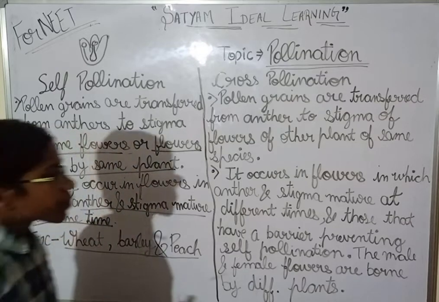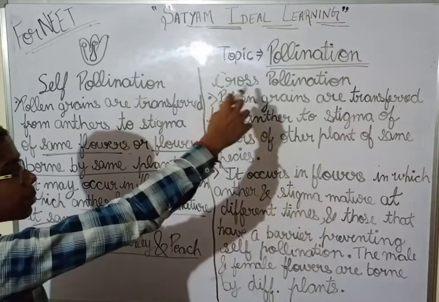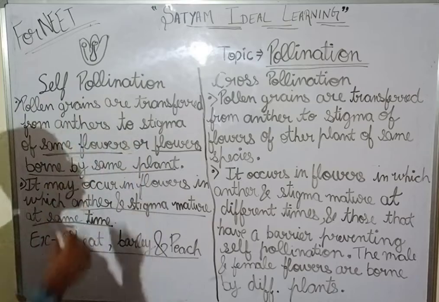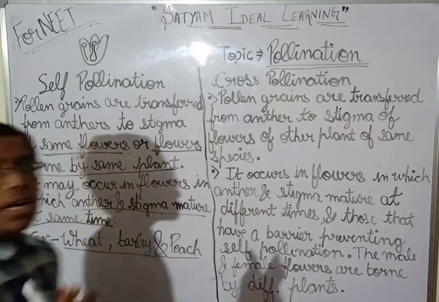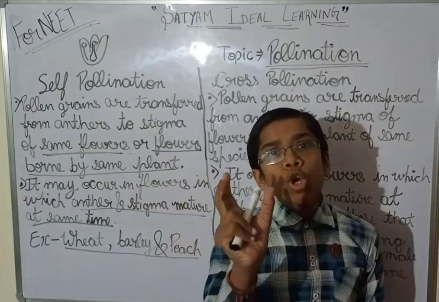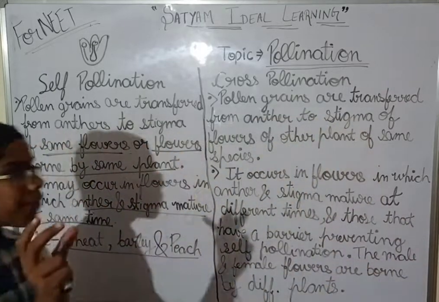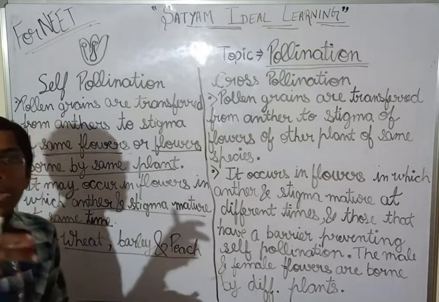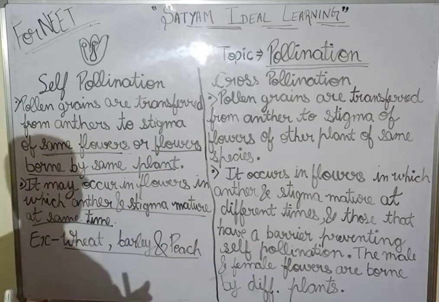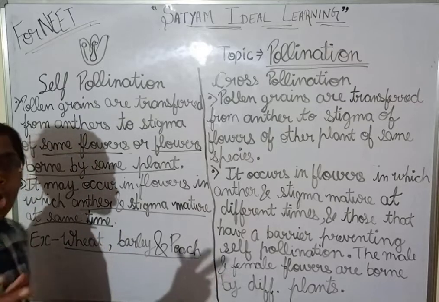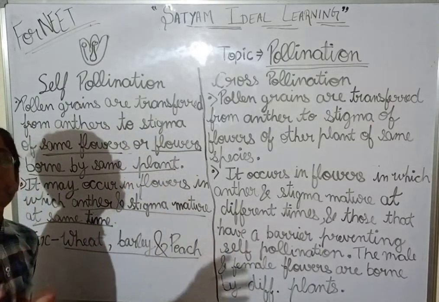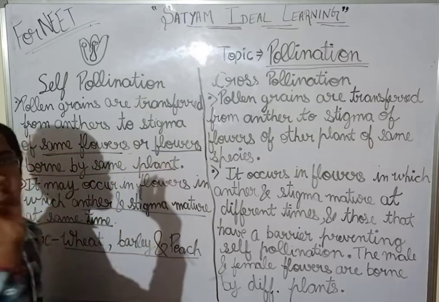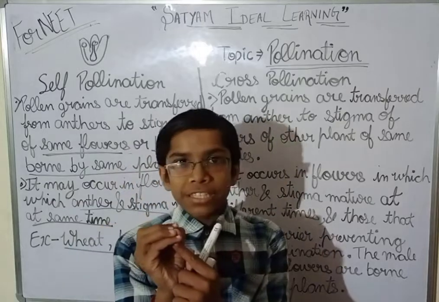Now we will come to cross-pollination. I have to tell one thing: self-pollination can occur even when a flower is closed. If it is a bisexual flower and the flower is closed, it has androecium as well as gynoecium.